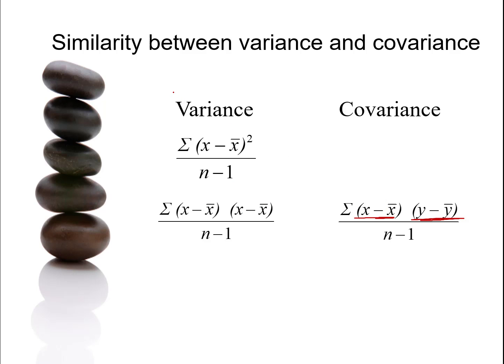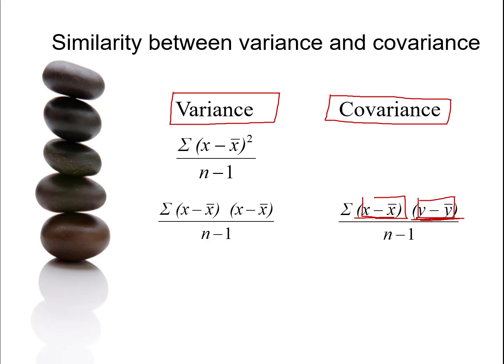So a variance is a formula we can compute when I have just a single variable. A covariance is a formula I can compute when I have a pair of variables, two variables, a variable x and a variable y. So maybe variable x is the size of the rock that was dropped on someone's foot, and variable y is the amount of pain they felt after the rock was dropped on their foot. So I have rock size and pain, two separate variables.